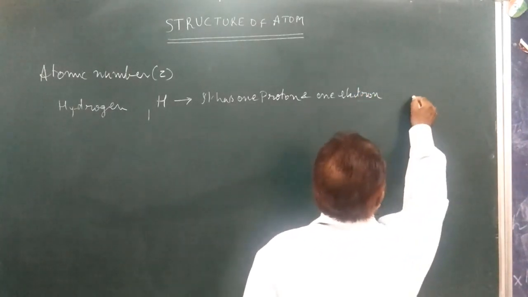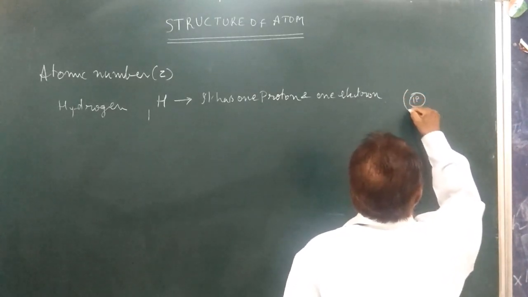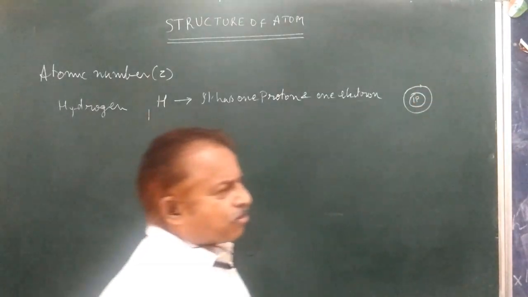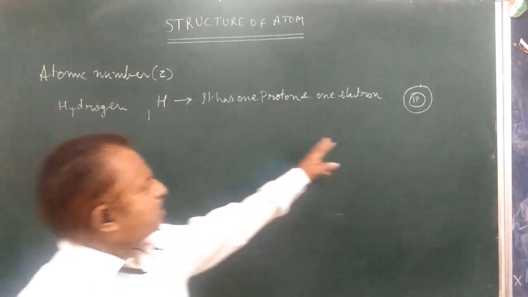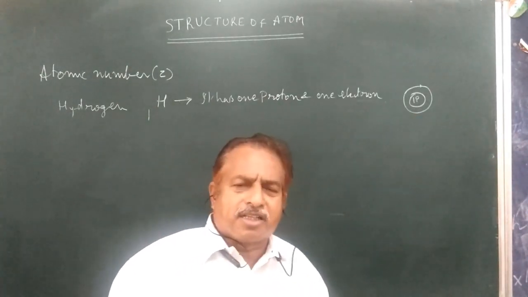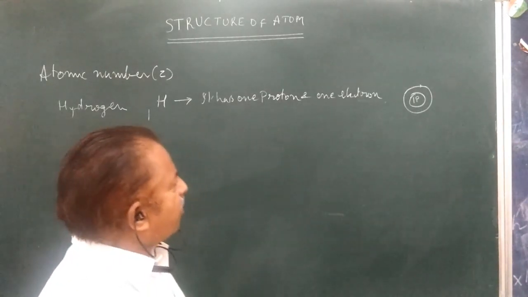So here this is a nucleus, 1 proton, and around which there is 1 electron. So atomic number is nothing but the number of protons present in the nucleus of an atom of an element, or it is the number of electrons that revolve around the nucleus. So that is atomic number.